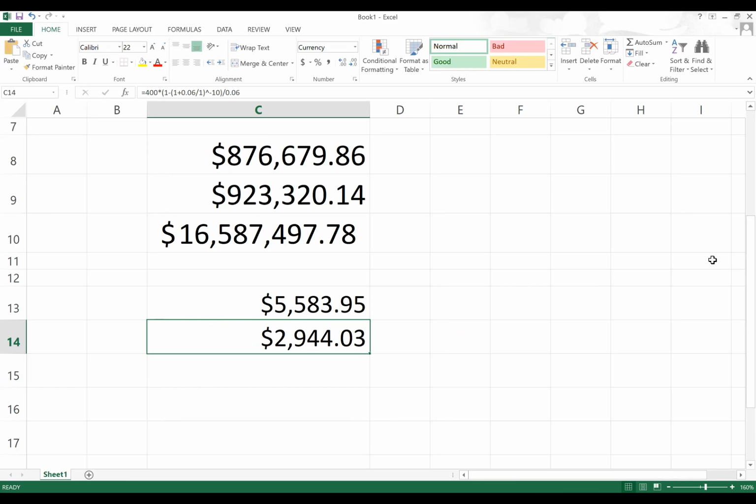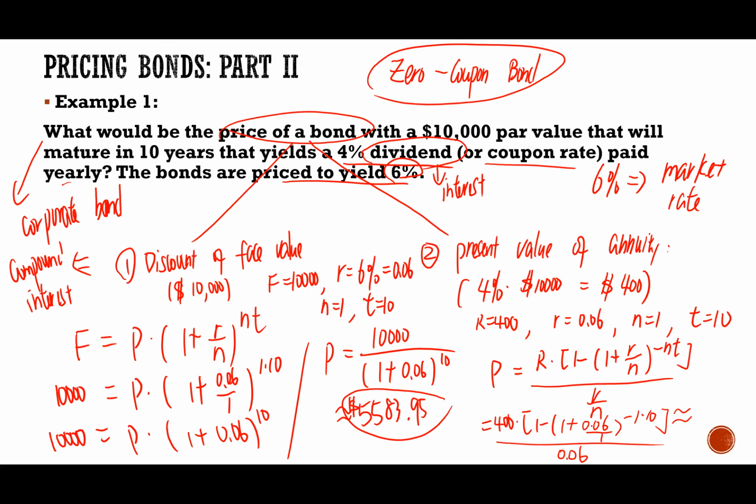For all this, actually the total is $4,000. Remember, $400 per year for 10 years. But discounted to the current time, it's only worth $2,944.03. And the total bond price, you're just going to sum up those two numbers.